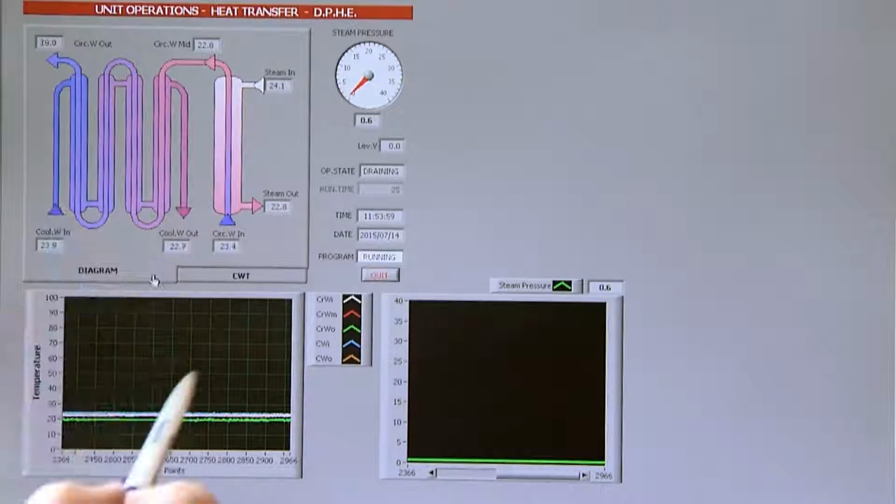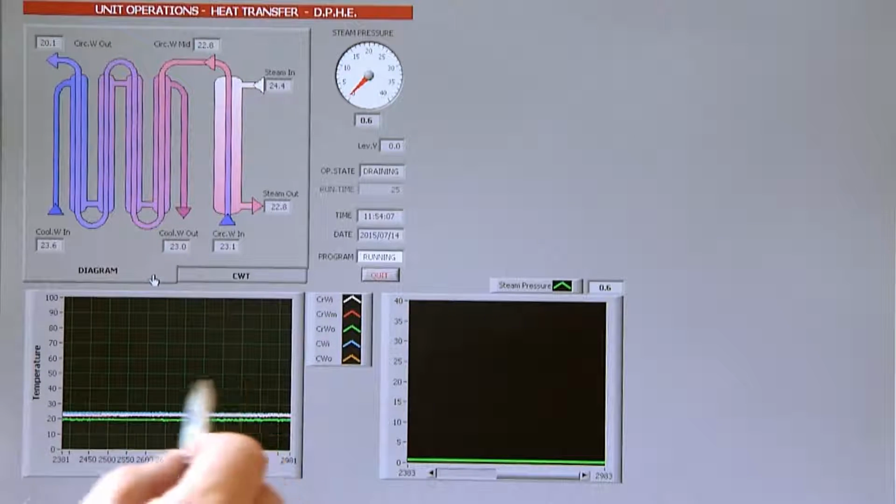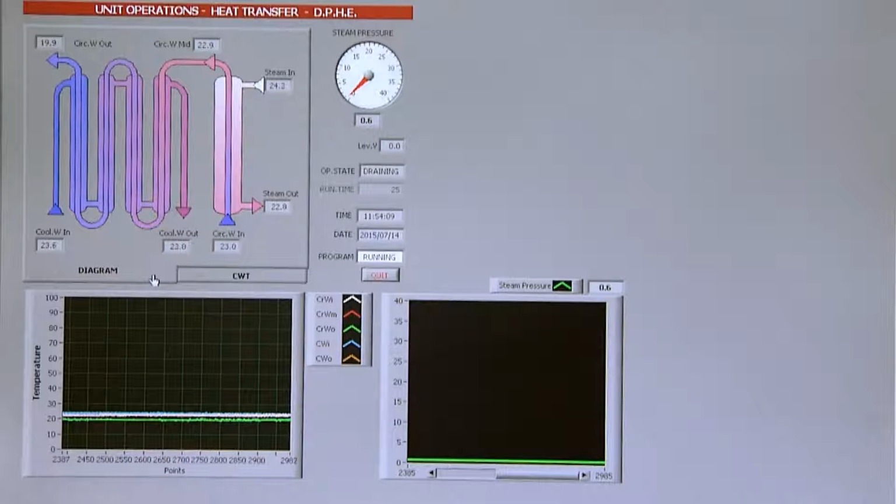These temperatures are displayed in a diagram here over time, and when you change the flow rates, you will wait until the temperatures are steady. Here you have the pressure also represented in this graph.